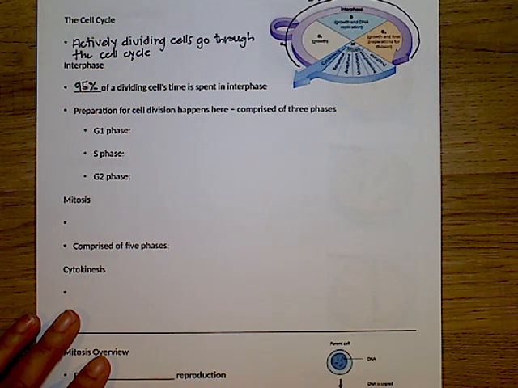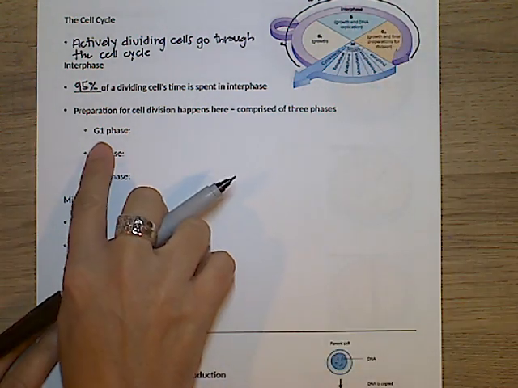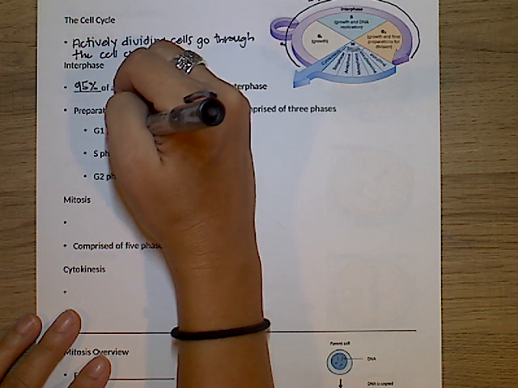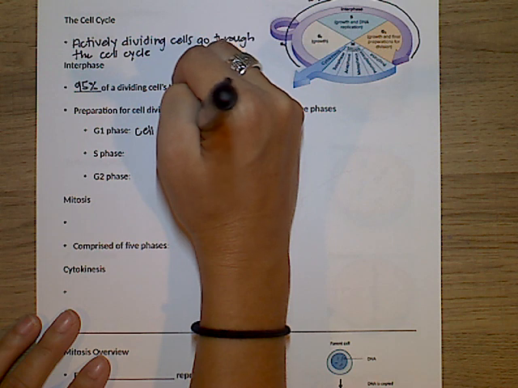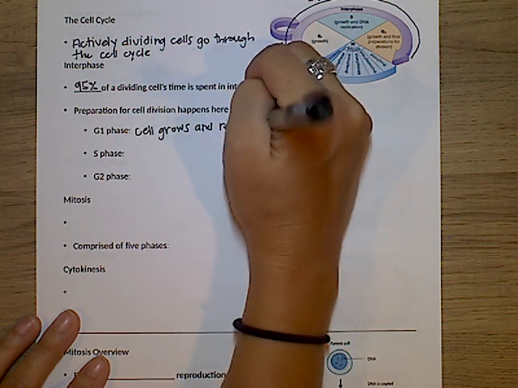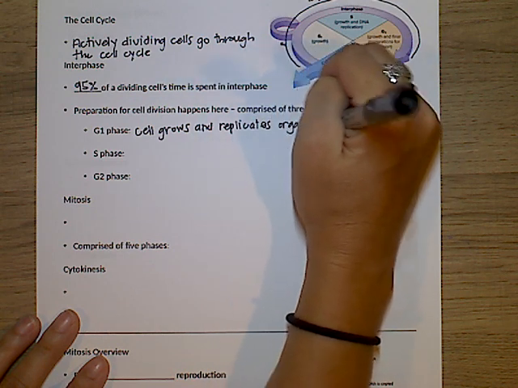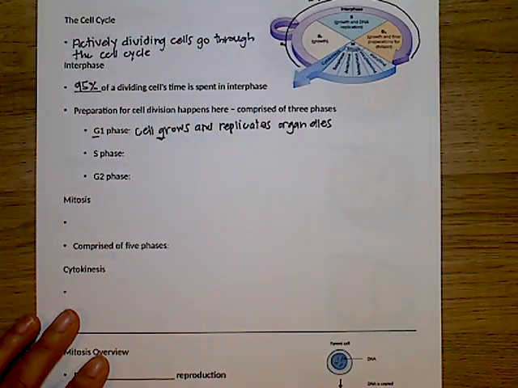During interphase, the cell is preparing for cell division, and it can be further broken down into 3 phases. So you've got the G1 phase, which is when the cell grows and replicates organelles. So I think G1, G for grow.